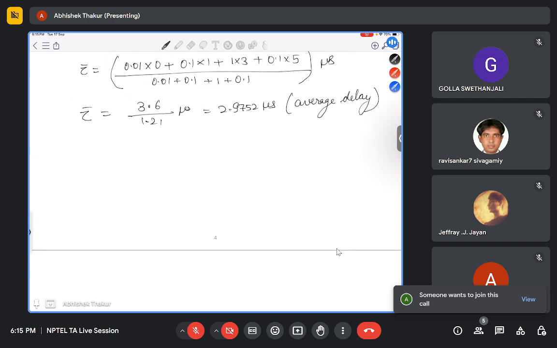Now coming to the next question, that is the root mean square delay. So the formula is summation of gi times (tau i minus tau bar) squared, divided by summation of gi, and the whole is under a square root.